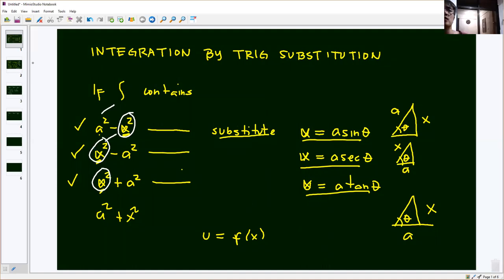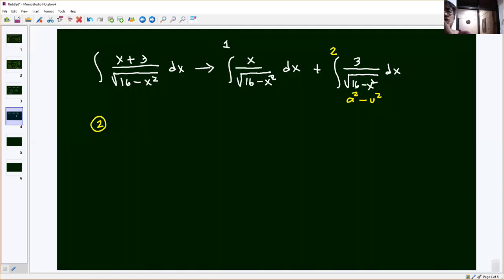Okay? Now, kapag ni u natin a squared minus u squared, then u is a sine theta. So u, which is x, and a is 4, so x is 4 sine theta. So dito, kunin na nga natin agad yung dx, baka makalimutan pa. 4 cos theta d theta.